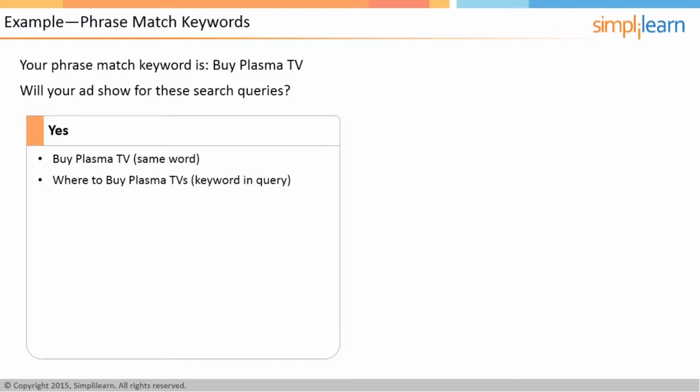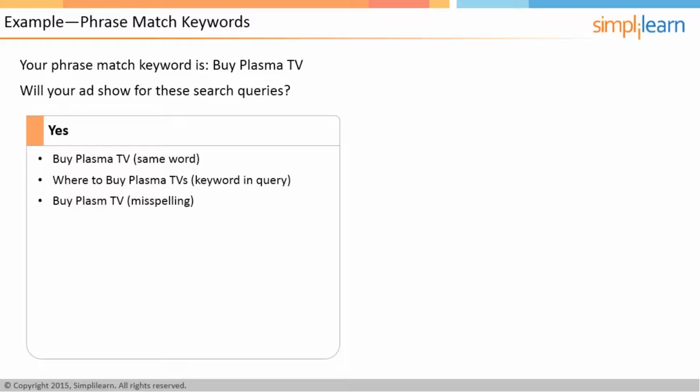Where to buy plasma TVs. The keyword is in the query. You've got a plural, that's okay. And there are words before the actual keyword buy plasma TV, but the words are in the same order in the query. There can be additional words before or after, so the ad could show. In our third example, we have a misspelling. It's still the same keyword, buy plasma TV, and the ad could show.